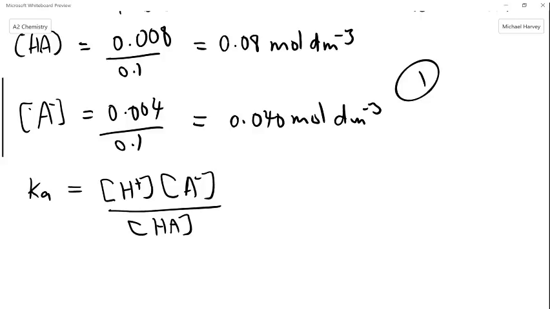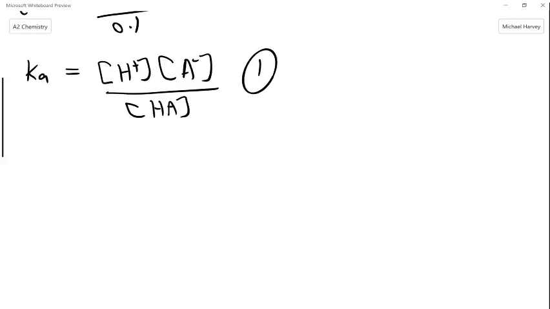That's going to be another mark, so you have 4 marks in. You can then plug the numbers in, and we know this equals 1.8 times 10 to the negative 5 moles per decimeter cubed. So we're nearly there.